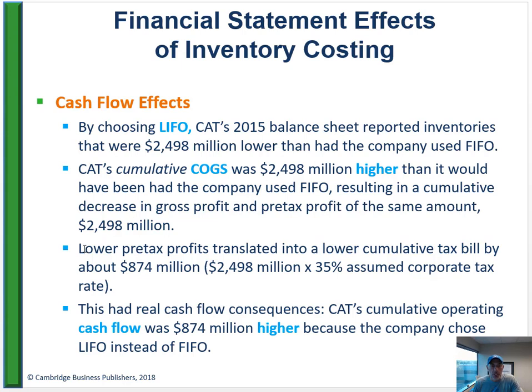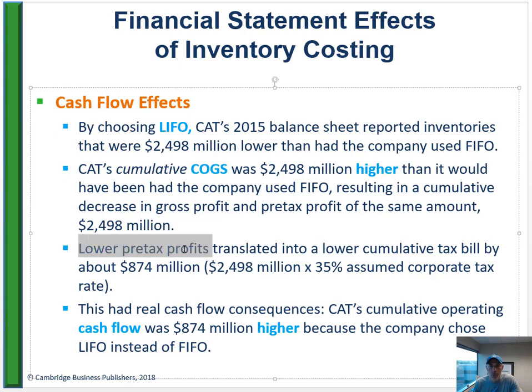Which in turn, and this is key, those higher expenses lower pre-tax profits. And if we have lower pre-tax profits, we have lower taxes. And if we have lower taxes, then we ultimately have higher cash flows than we otherwise would have.